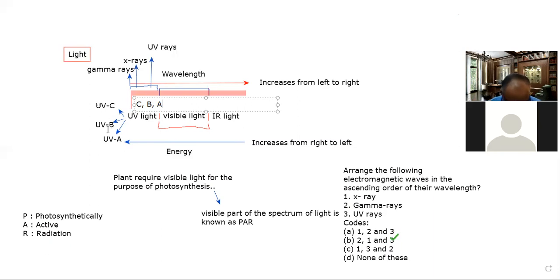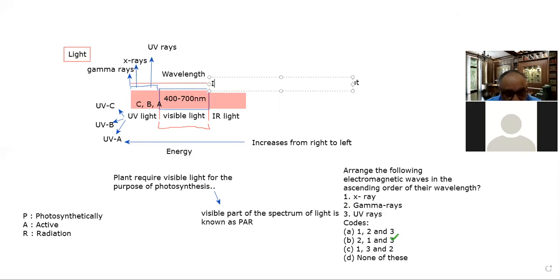So now on this side, whatever the radiation is, it can further be divided into three categories. This is known as infrared light or infrared radiation, infrared waves also. And this part is known as the microwaves.